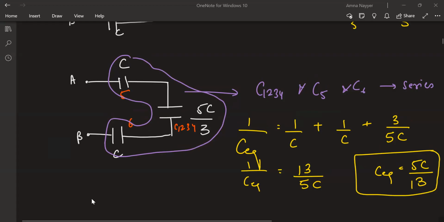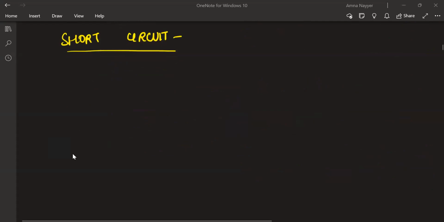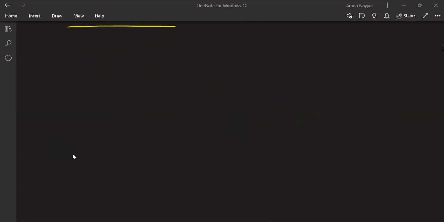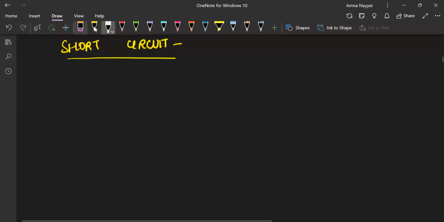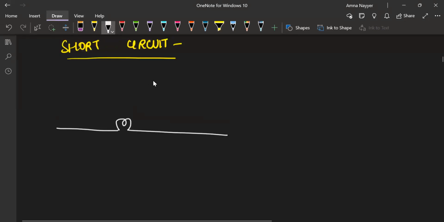Okay. See, just a small concept about a short circuit and an open circuit. Short circuit basically means that, see, if I have a bulb, this is a symbol for a bulb.